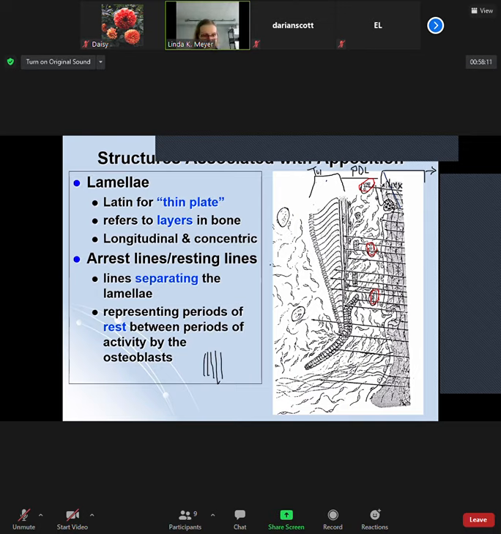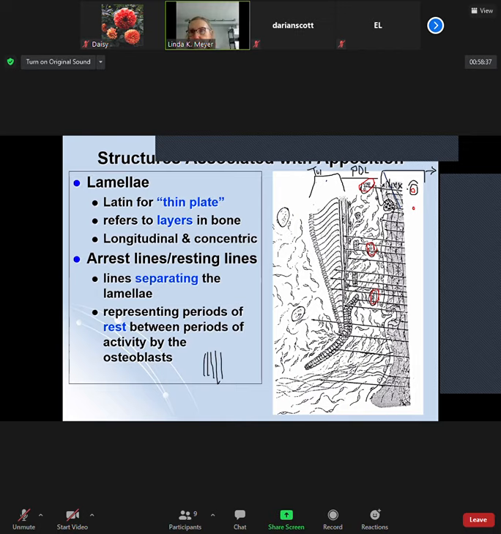I'm going to have you draw in that alveolar bone proper also consists of concentric lamellae. So where the white space is, I'm just going to draw in a couple of them. I'm going to draw a central blood vessel, and then I'm going to go ahead and draw the concentric lamellae.